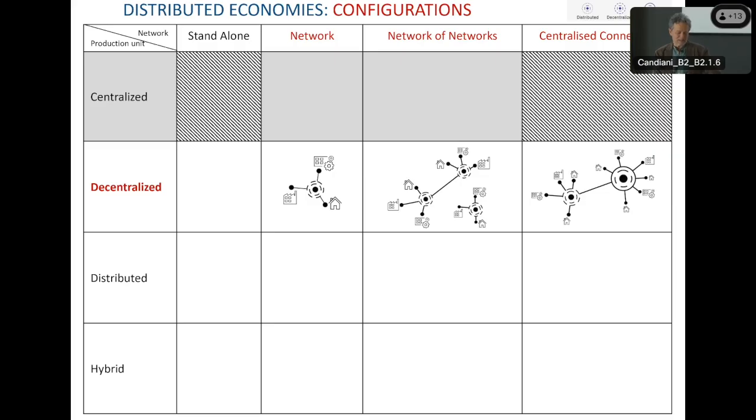Another situation is the one in which a decentralized system is connected with a centralized system. So we may have a connection with the main grid. It could be that in some situations I can sell the energy, if I have a surplus produced by my solar panel or by a community, to a big supplier of energy, and vice versa.